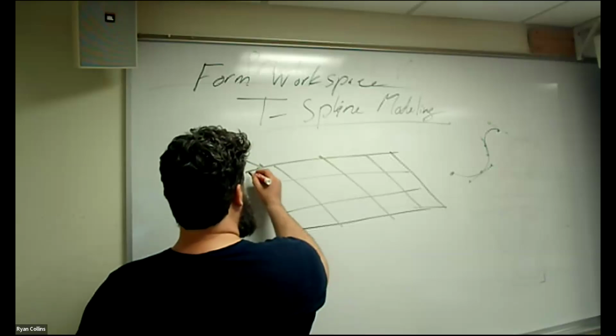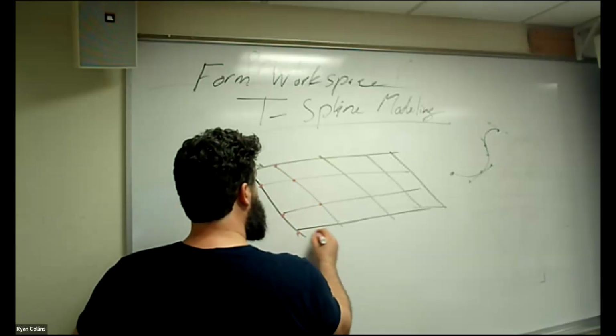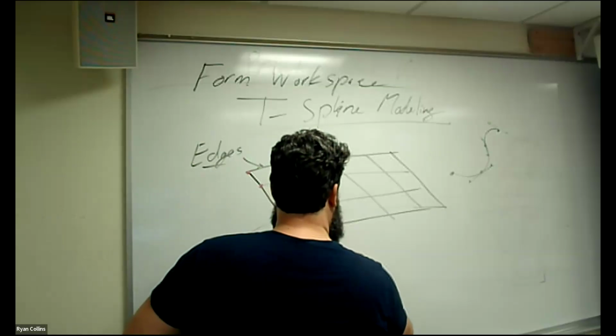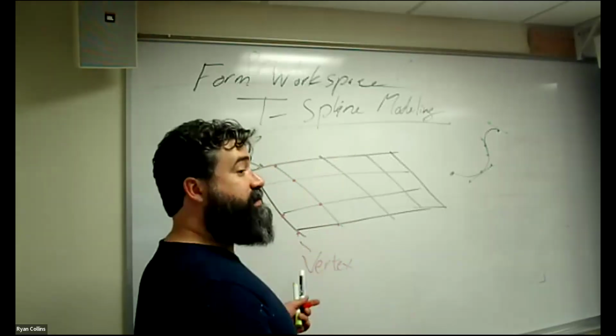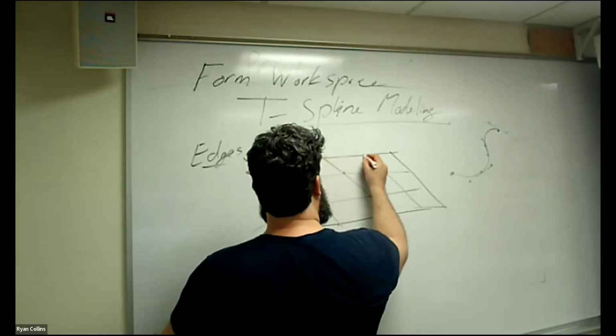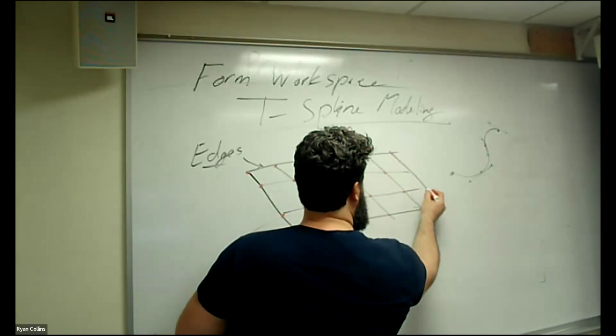Everywhere those interact or intersect, these points are all vertexes, or vertices for plural. These are anywhere these make a connection. That can be in the middle or at the edge.